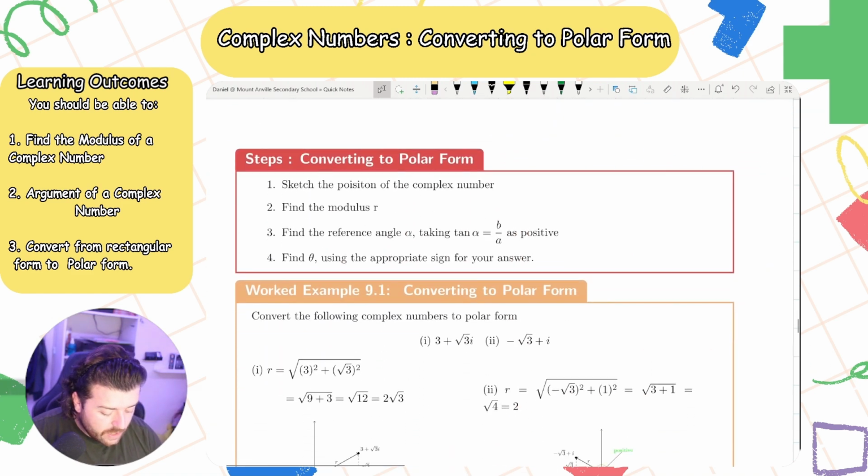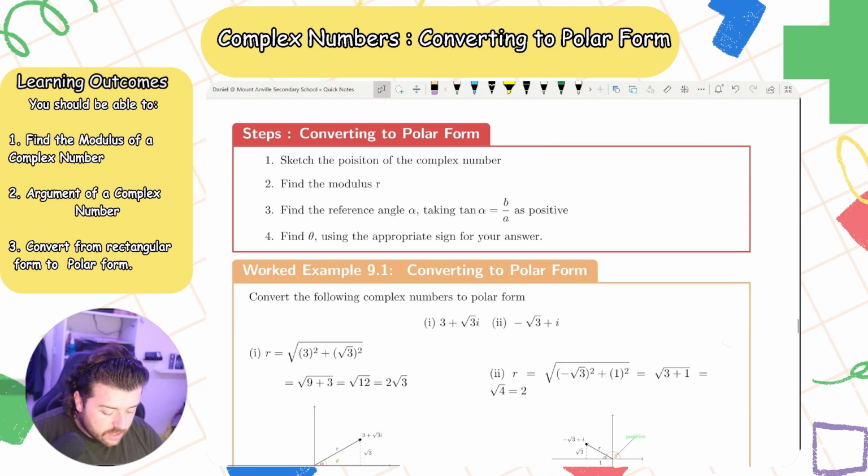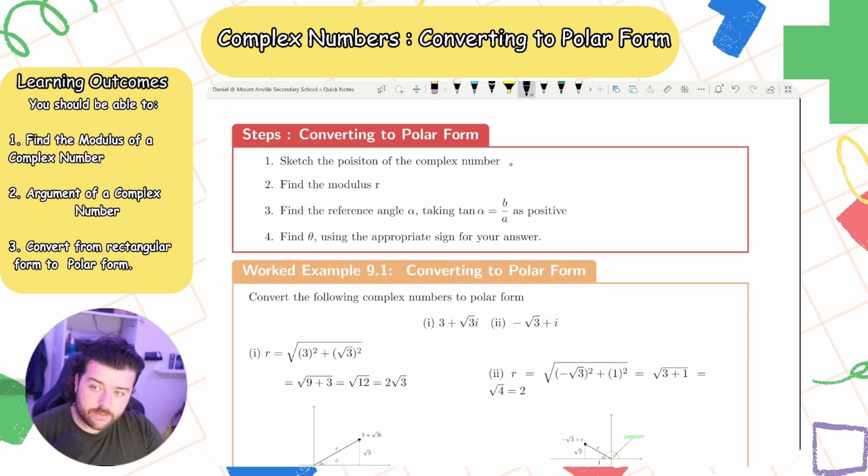Right. So, how to convert to polar form? We sketch the position of the complex number. We find the modulus r. We find the reference angle alpha, taking tan alpha equals b over a as the positive. And then we find theta, the argument, by using the appropriate sign for our answer, like whatever quadrant it is in, and are we adding or minusing?